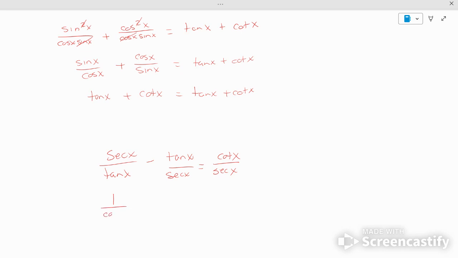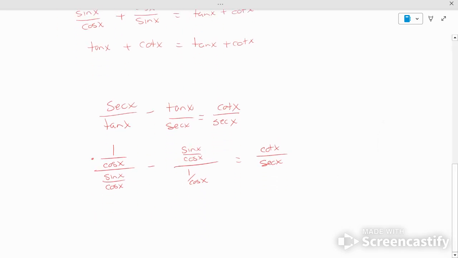So 1 over cosine of x over sine of x over cosine of x minus sine of x over cosine of x over 1 over cosine of x equals cotangent of x over secant of x. I got some complex fractions here, don't I? So I should multiply by the denominator of the denominator.